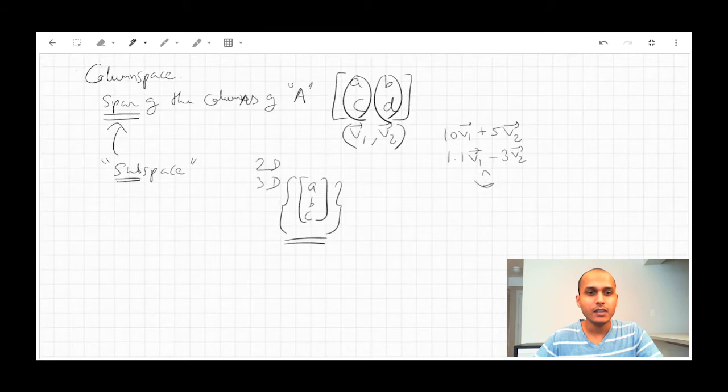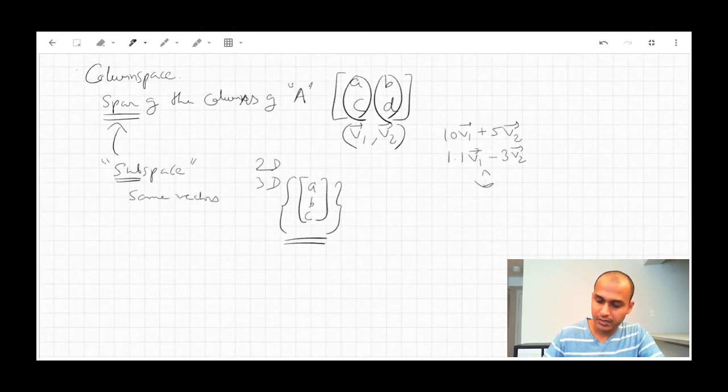Now, why did I introduce the notion of subspace? This was the space of all vectors. A subspace would be a space of maybe only some vectors.